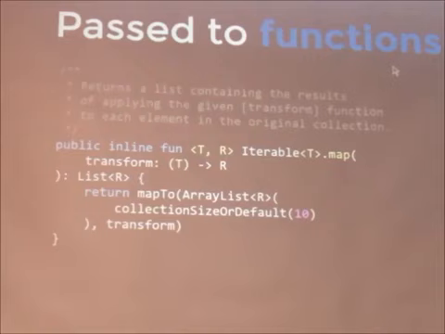The map function we just looked at right now, it takes an anonymous function or a lambda as a parameter, and for every element in that list, it applies this function and then returns a new list. This is a higher order function.